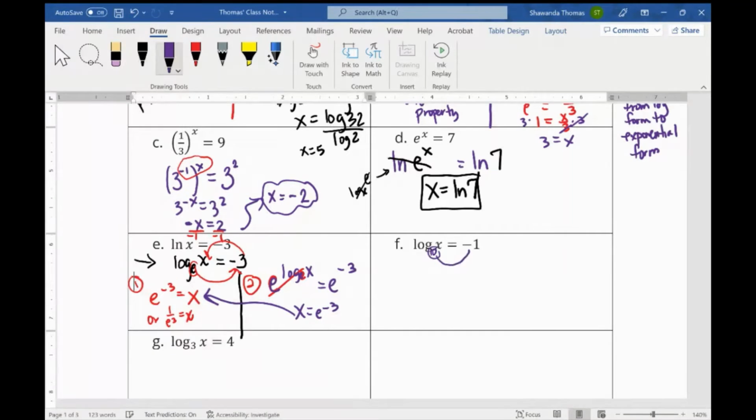Take that 10, raise it to this power, equals that. So 10 to the -1 equals x, which is the same thing as 1/10. If you wanted to try the inverse property, you'd say 10 to the log of x equals 10 to the -1. Again, that cancels, so we have x equals 10 to the -1. Same answer.